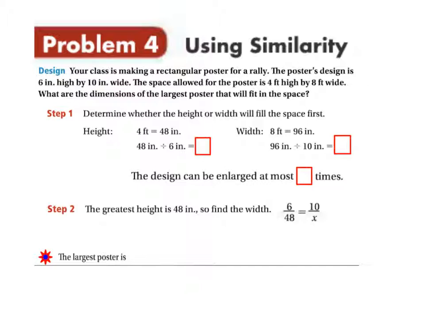Okay, so last type of problem here, and this is kind of a fancy problem, so pay close attention. We're going to be using similarity on this poster design problem, which I battle sometimes when I'm working in a Word document. I'm trying to enlarge it or shrink it and make it all match up and still be proportional when I'm done. It says here that your class is making a rectangular poster for a rally.